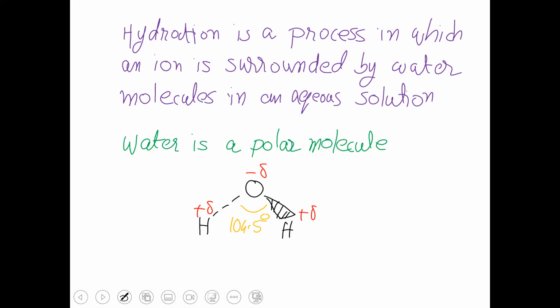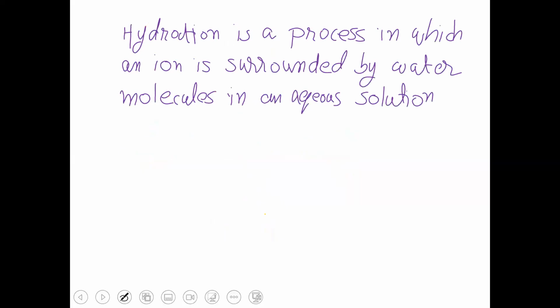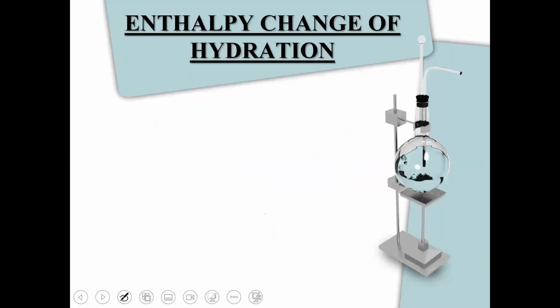So we move to our diagram. Look, sodium positive is surrounded by water molecules. This process is called hydration. Some energy is released in this process, and that energy is called enthalpy change of hydration. So make a concept.